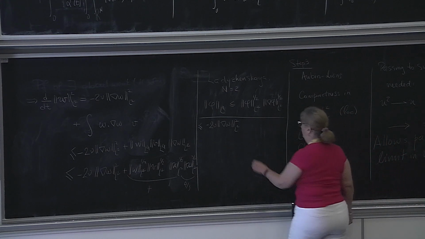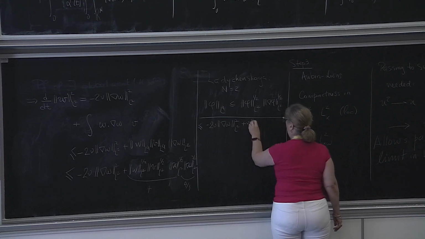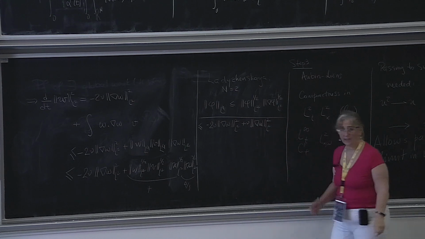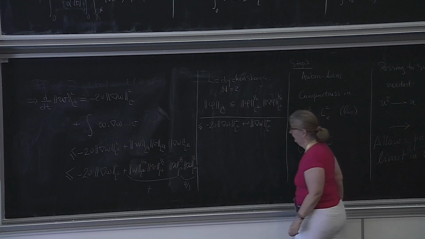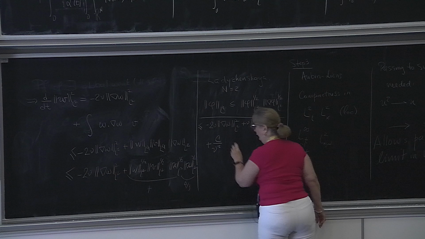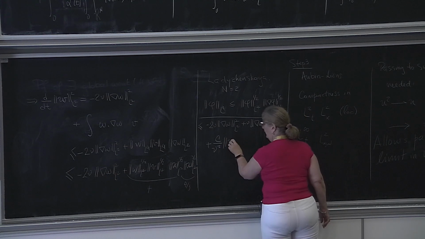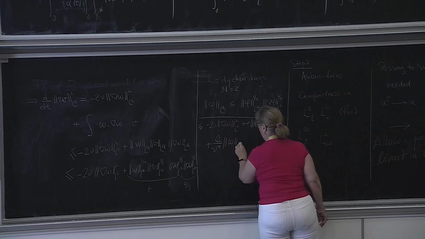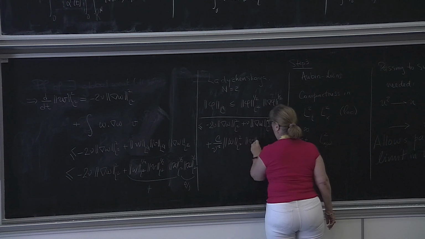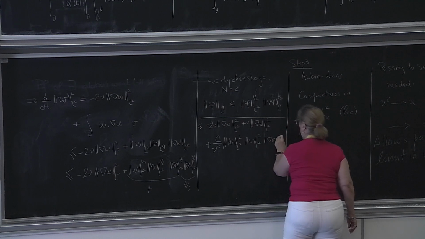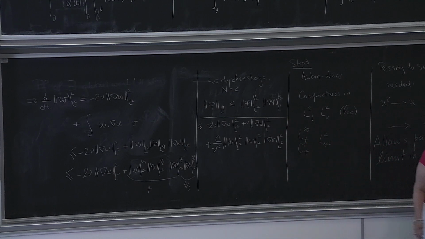So I'm going to get plus nu gradient W L2 squared, and there I got rid of the gradient of W. Okay, plus some constant over nu cubed, W L2 squared, V L2 squared, gradient of V L2 squared. And now I can throw away this term.